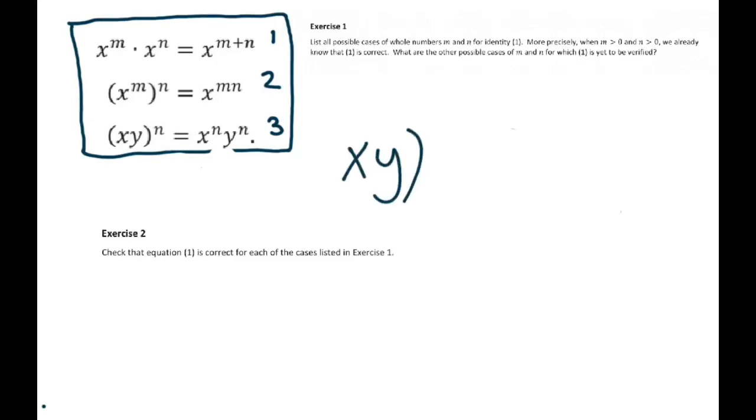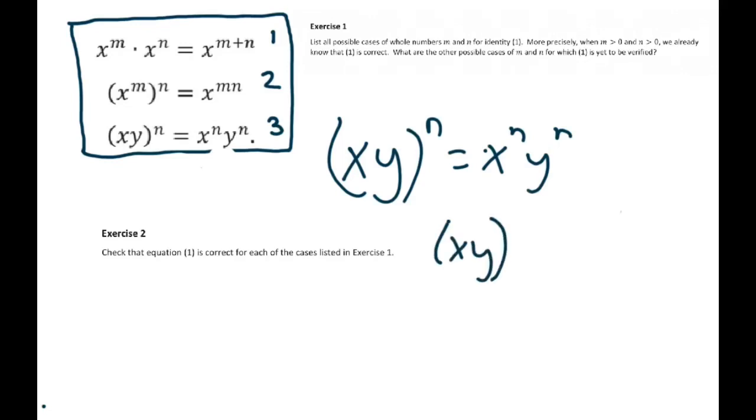x y to the n equals x to the n, y to the nth power. So why is that? Well, it's because of the distributive property of multiplication. Because this is also x y repeated n times.